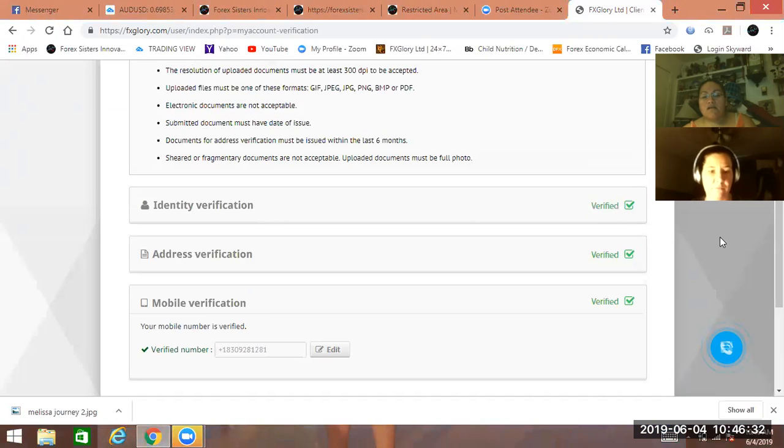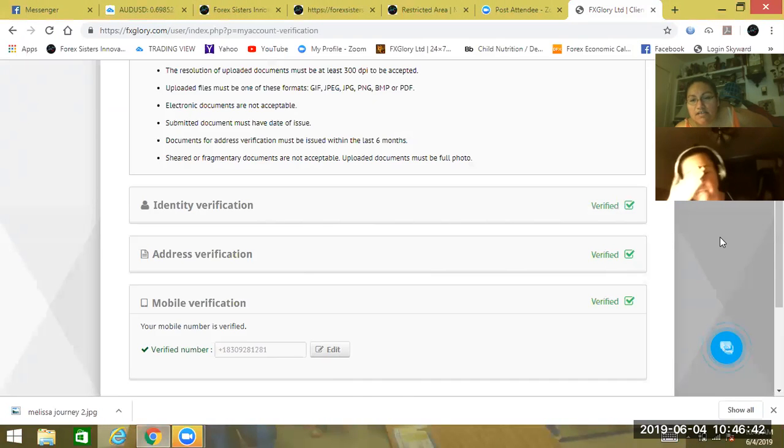I had one student who didn't even know that they have to verify identity and address. The identity is a driver's license or passport, something that has your photo.